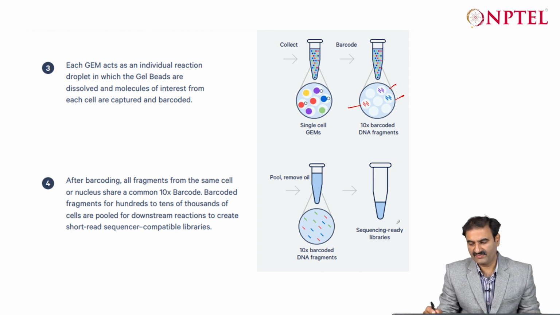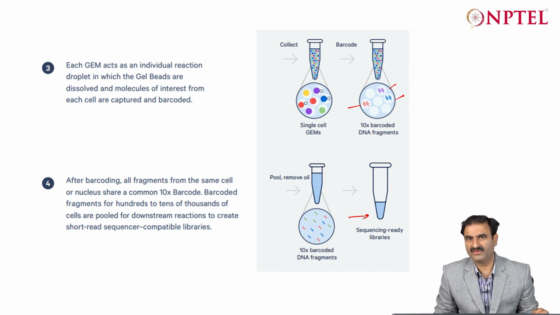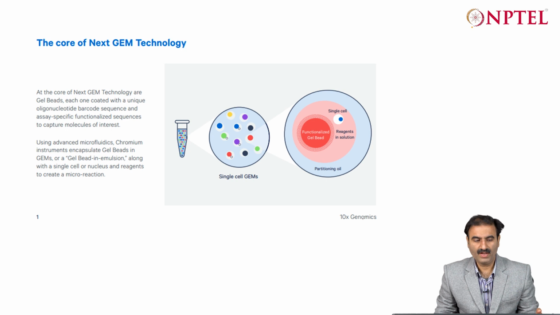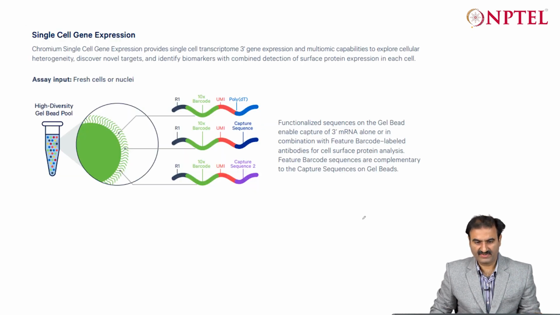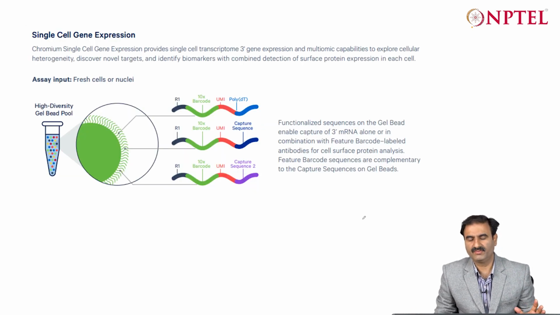This is then further sequenced using any Illumina instrument. So the core of single cell genomics or 10x link reads is the single cell GEMs, which we will see in detail in the next slide.